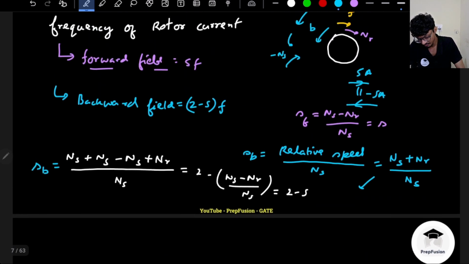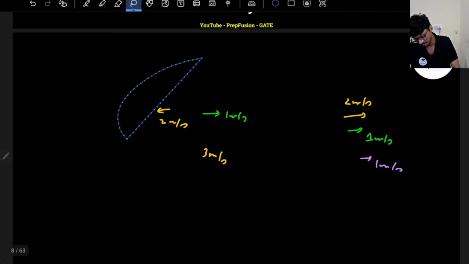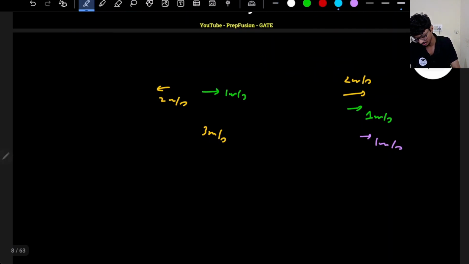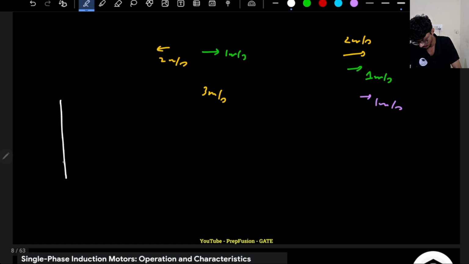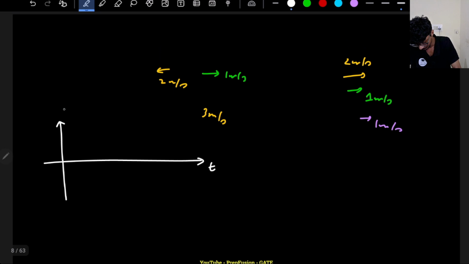Now, a very interesting fact to note. I know that the current in the rotor due to the forward field will be sinusoidal. What about the backward field?